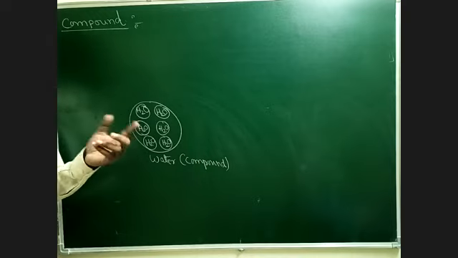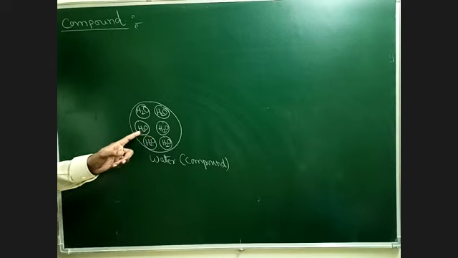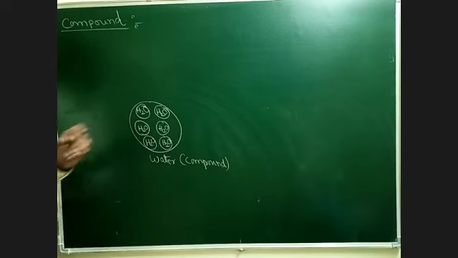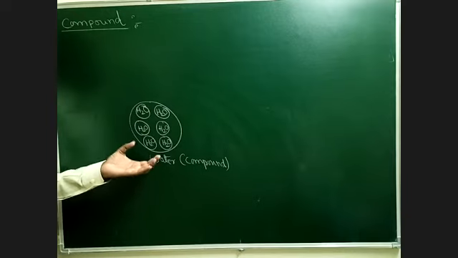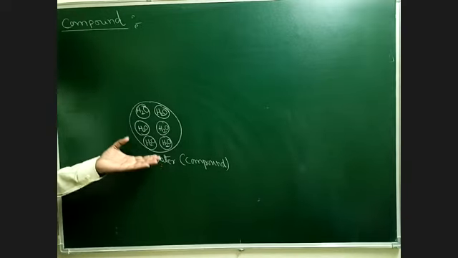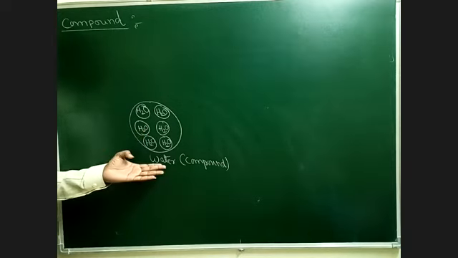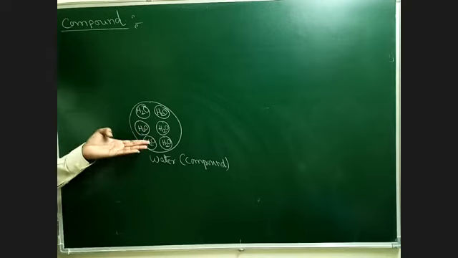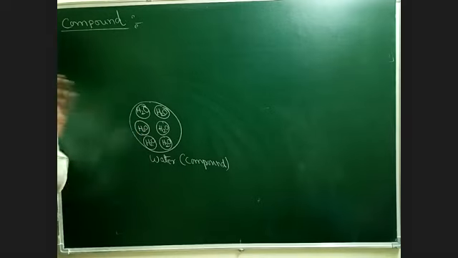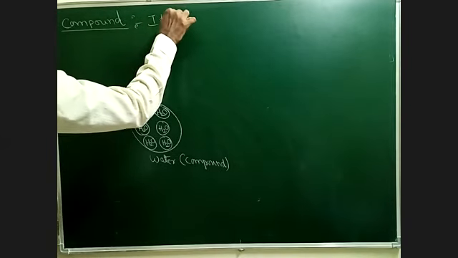What is meant by molecule? A molecule is formed by the combination of atoms. Here hydrogen, hydrogen, oxygen. If a substance contains the same kind of molecules, then the substance is said to be a compound. So same kind means pure substance.